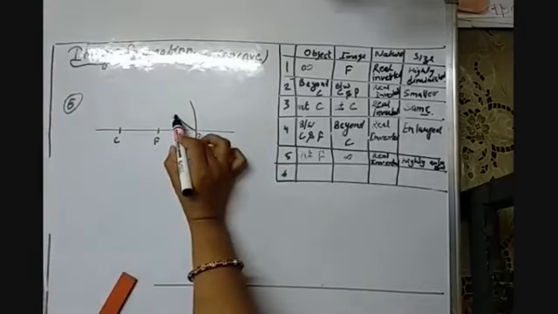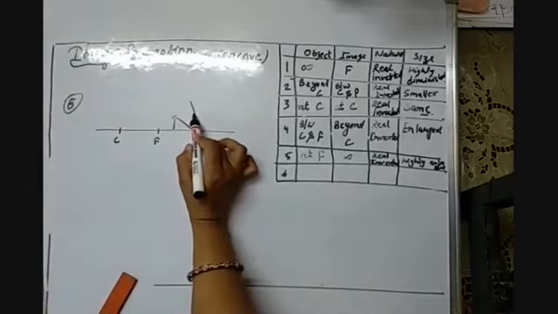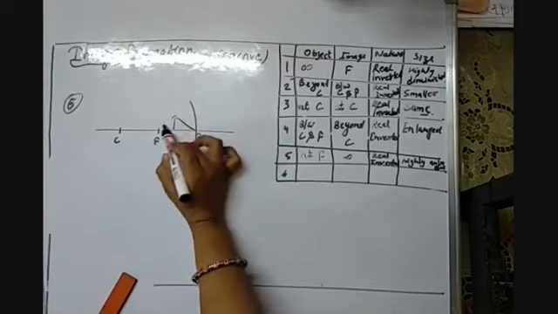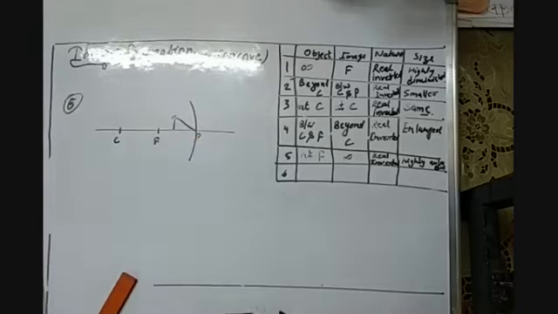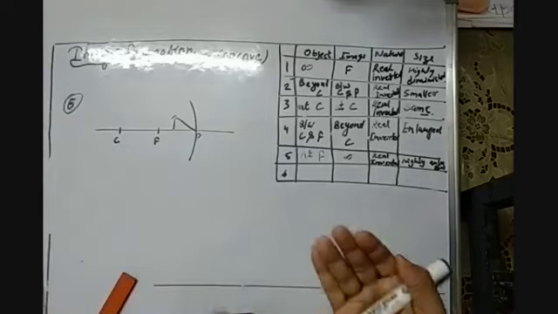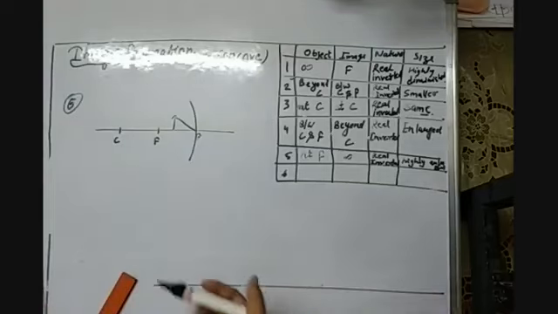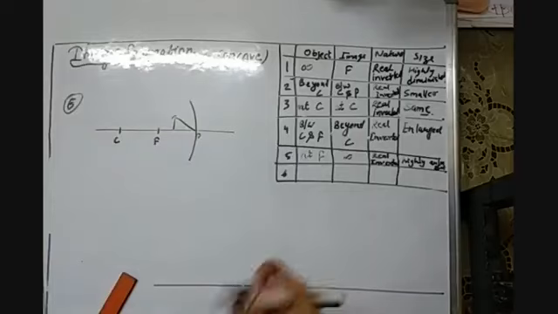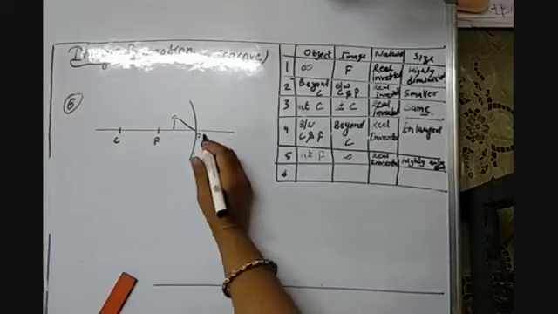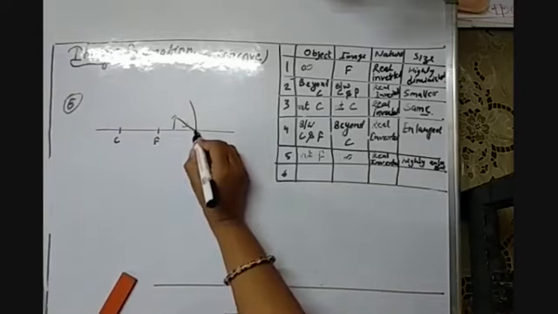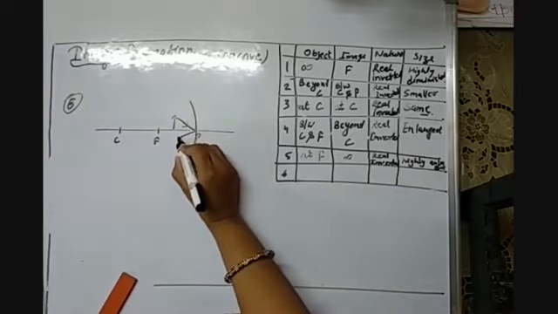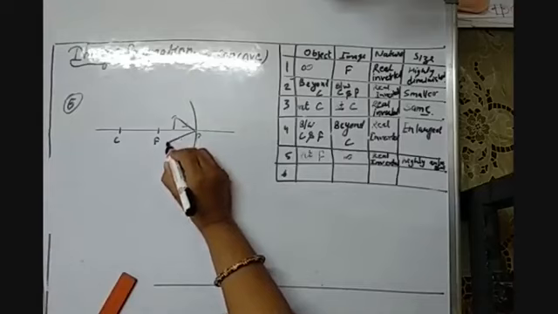Because when the incidence ray is parallel to the principal axis, the reflected ray will pass through the focus, but the object will hinder the reflected ray, so we will not obtain any image. So we are choosing the next one. Here the incidence ray is falling on the pole, so it will get reflected with the same angle.